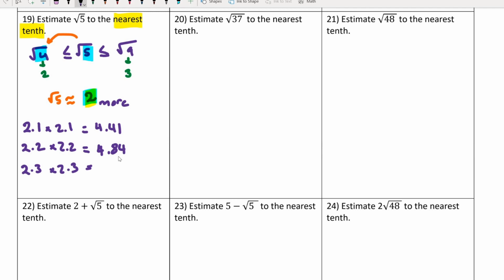Let me check one more time. Yes. And 2.3 times 2.3 will give you 5.29.